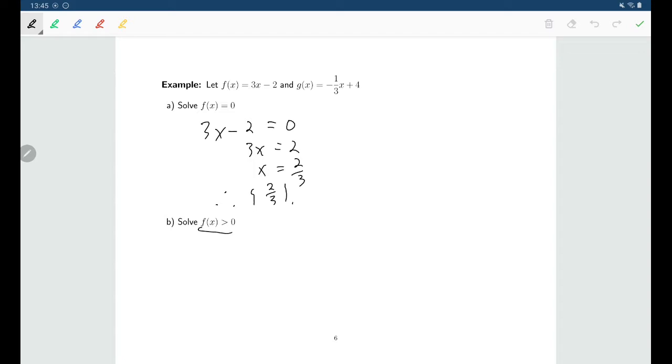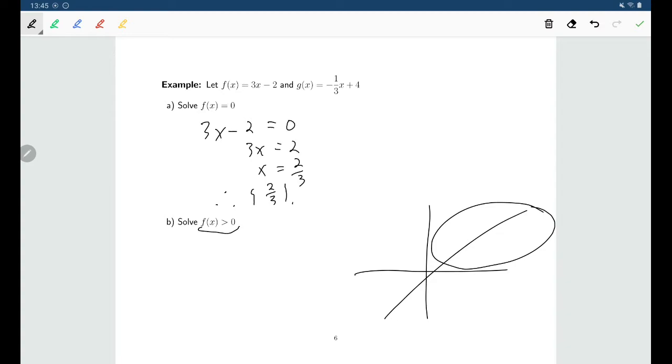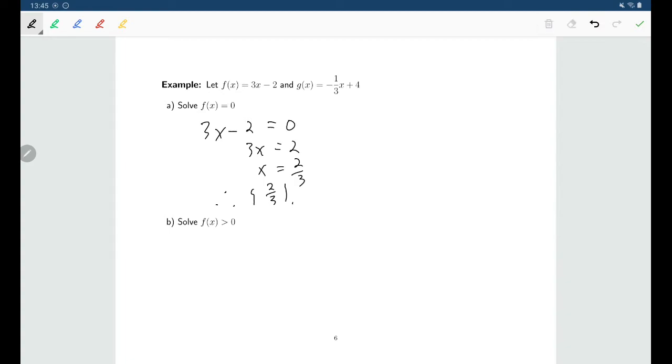For the next part, part B, solving for where f of x is greater than 0, that's asking ourselves, whenever we graph our line, where is it above the x-axis? Because, of course, f of x represents the y values. We're looking for where the y values are greater than 0, where we are above the x-axis. And I'm just going to solve this like any inequality. 3x minus 2 is greater than 0, so 3x is greater than 2.